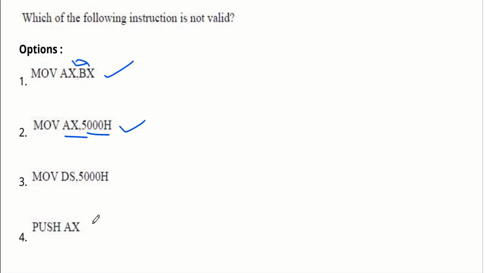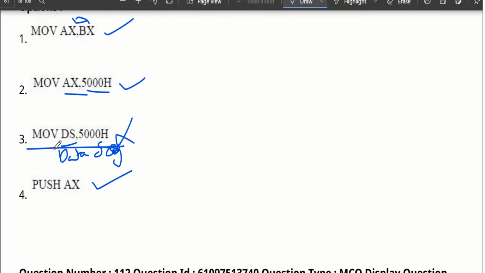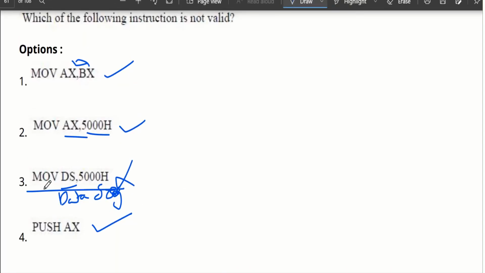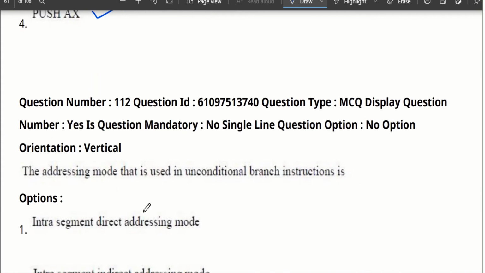Here PUSH AX also works. But here it is given a data segment, DS, which refers to the data segment, so this doesn't work. So the correct option is the third option. It is not a valid instruction. Now let's move to our next question.